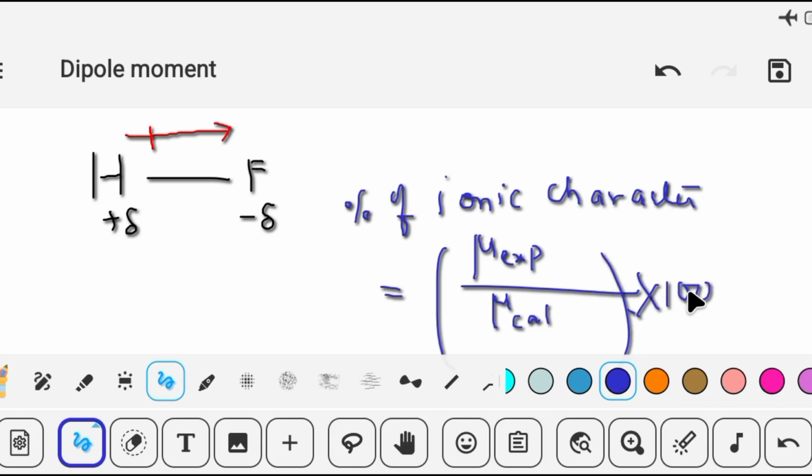You multiply this fraction with 100 and you will get the percentage of ionic character.